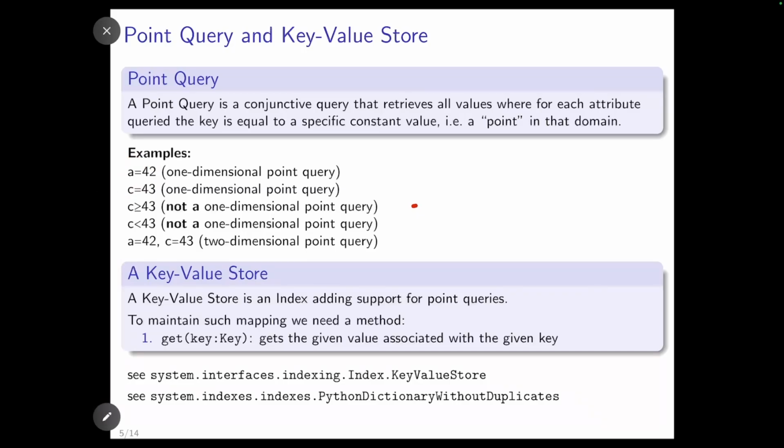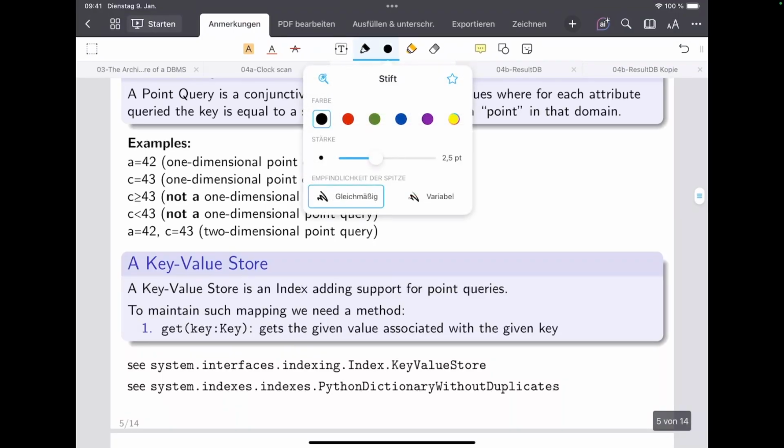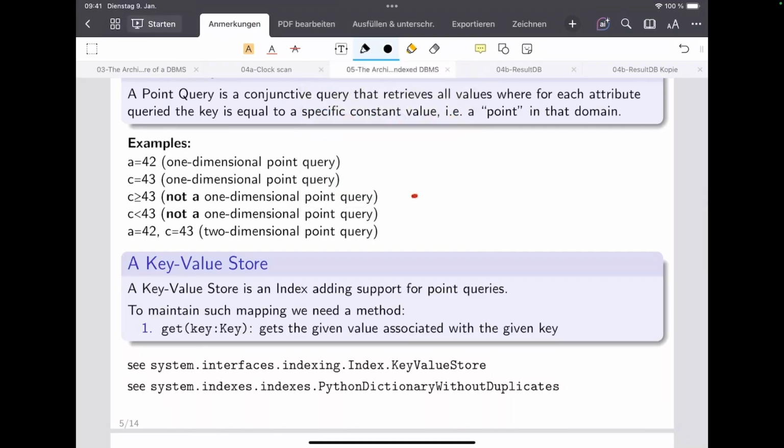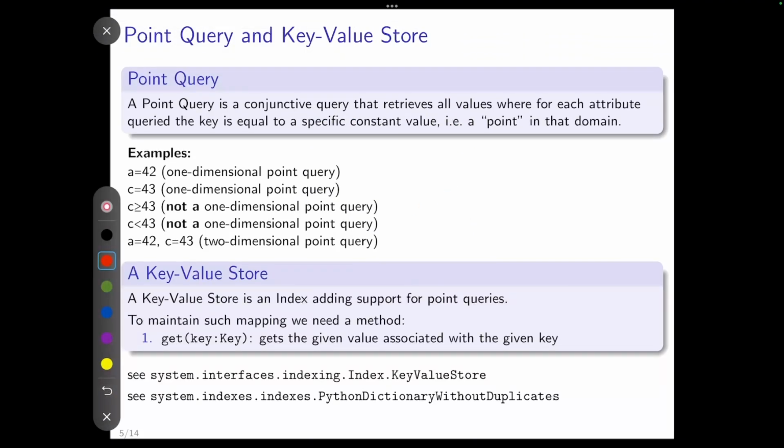If you say a equals 42, that's a point query, because in the domain, whatever the domain is that a is backed with, probably an integer, I'm interested in one particular point from that domain.